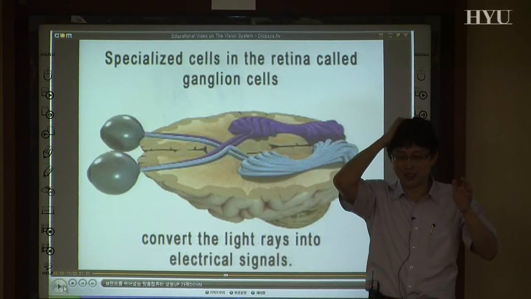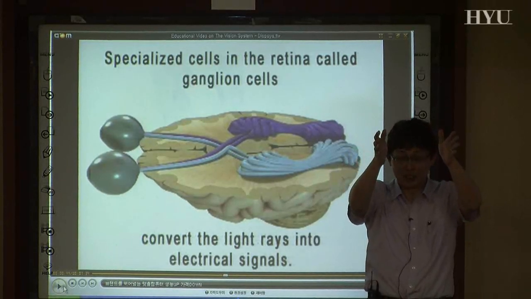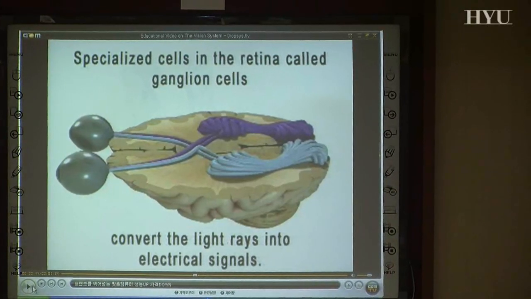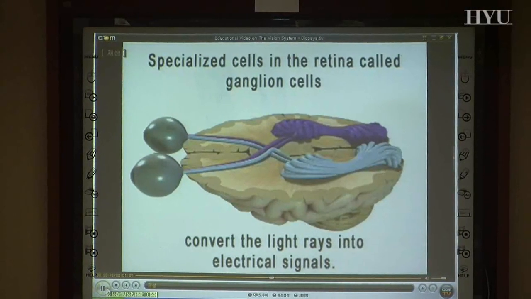Each covers a different angle. I will explain later. So we have separate parts of the visual system.